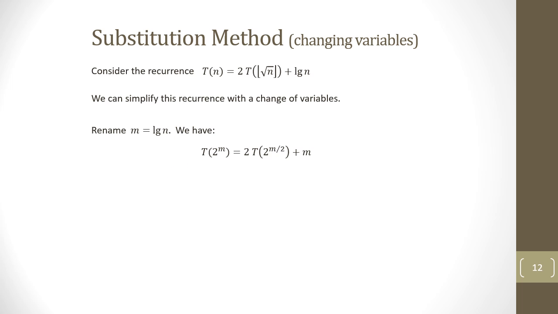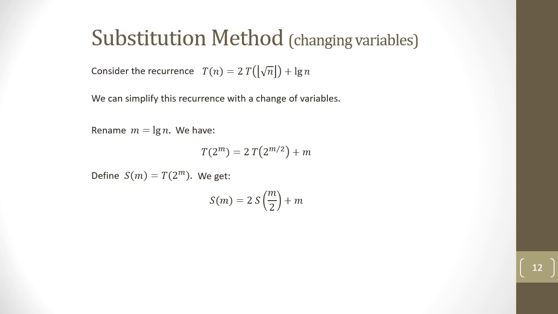So in this case n will be 2 to the power of m. Now let's define T of 2 to the power of m as S of m, which is a new function. So we get the following equation after substituting: S of m is equal to 2S of m by 2 plus m.